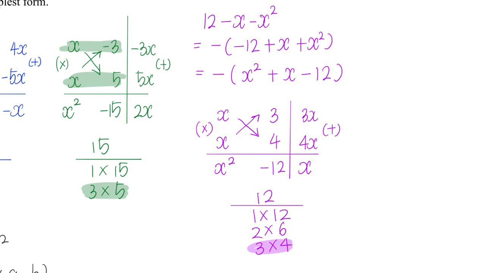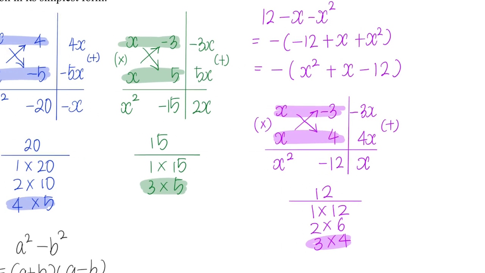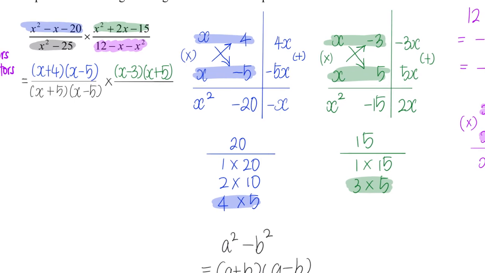And now it's for us to consider which, is it 4x or 3x, that must be the negative. Yep, 4x minus 3x gives me positive 1x, and therefore negative 3. So I will have x minus 3 and x plus 4 with a negative sign in front.